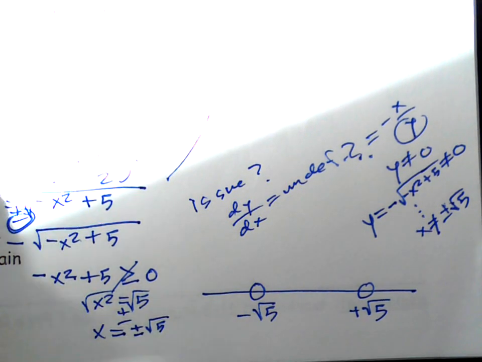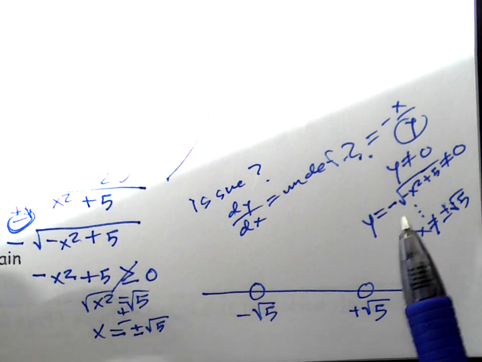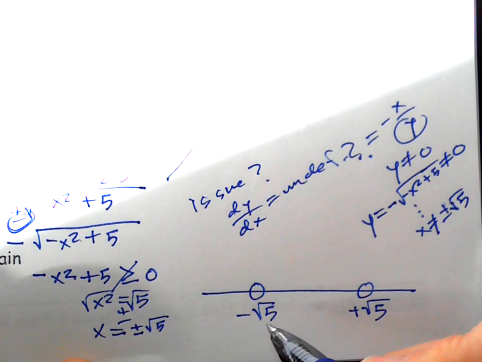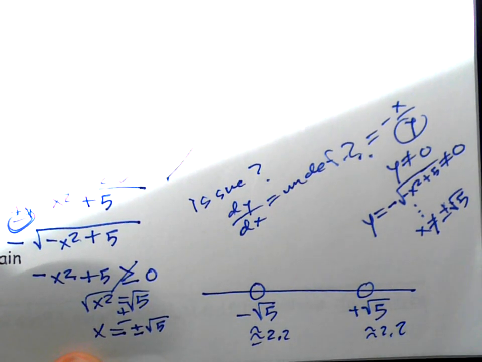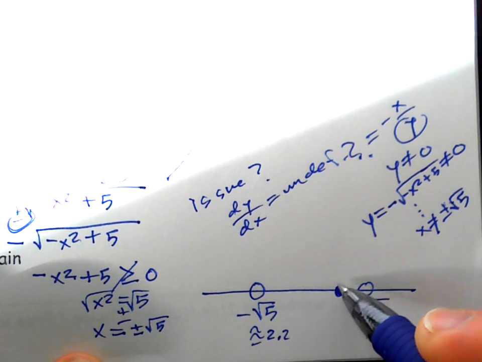So this is our number line. Now here's the easy part. Instead of having to do line checks and figure out where this is true or false, we just ask where the initial condition is. You might estimate these: this is about 2.2, negative 2.2, so 2 is right around here.